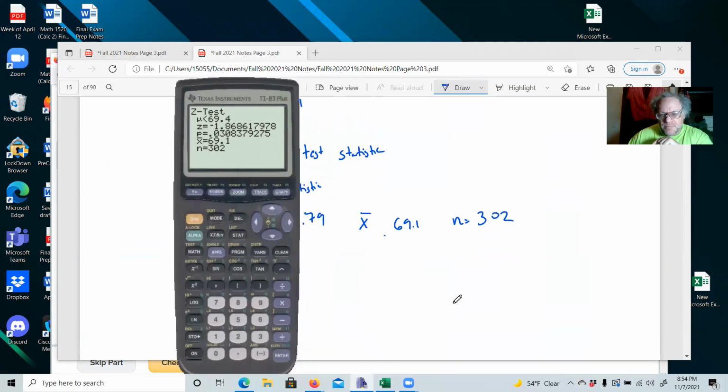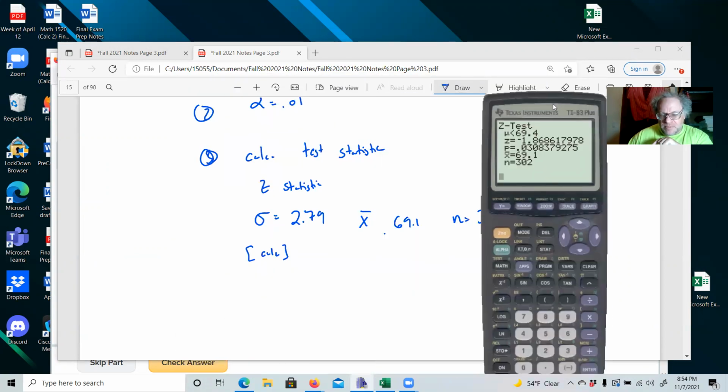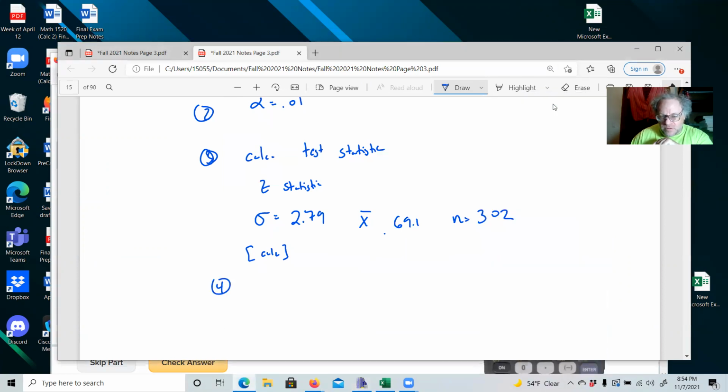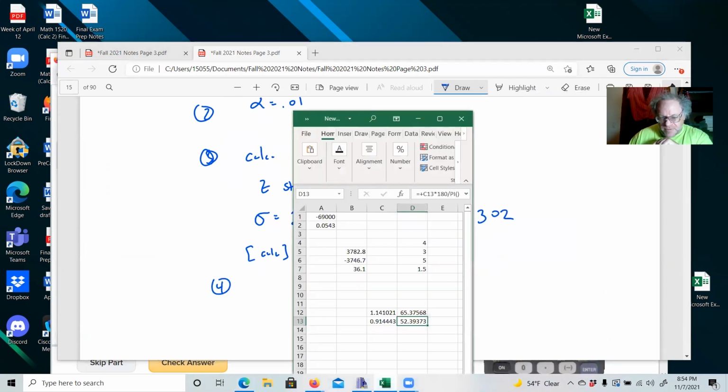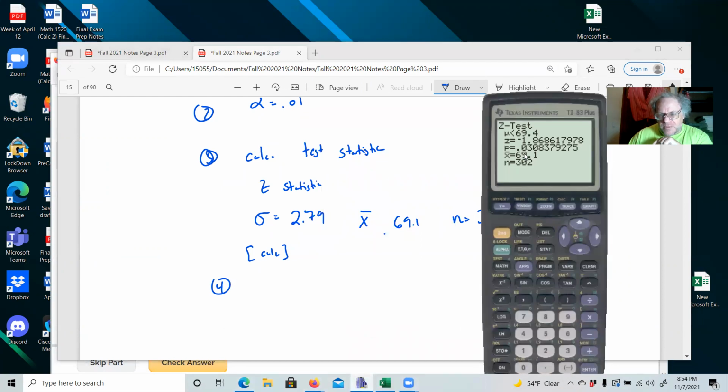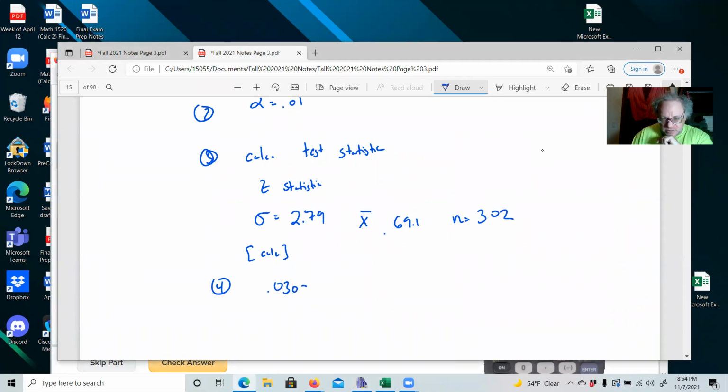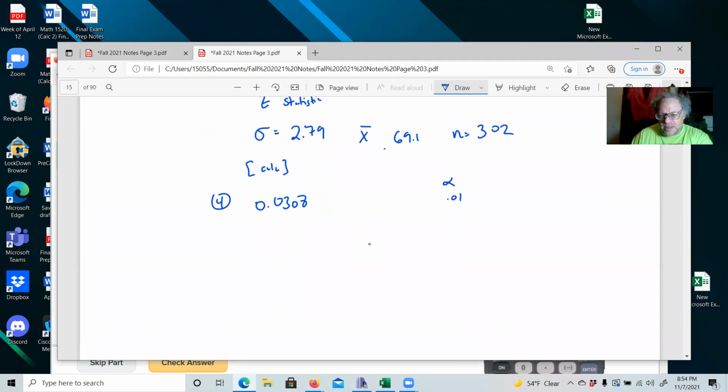So here we are. So that's our step 3 or step 4. What's our p-value? 0.0308. Okay. And our alpha was 0.01. Which one is bigger?